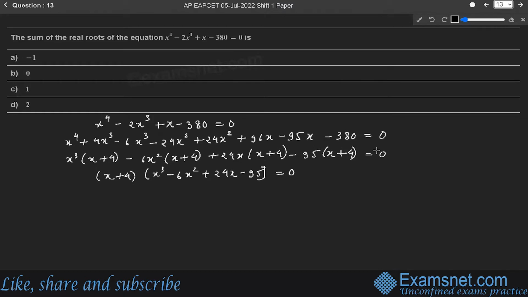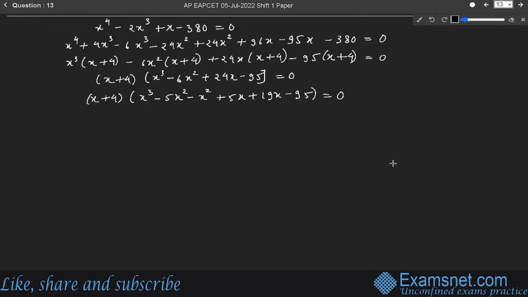Now rewriting this expression, it can be again written as (x + 4) into (x³ - 5x² - x² + 5x + 19x - 95) = 0. Now again factoring the expressions, this will be (x + 4) into x² into (x - 5) - x into (x - 5) + 19 into (x - 5) = 0.